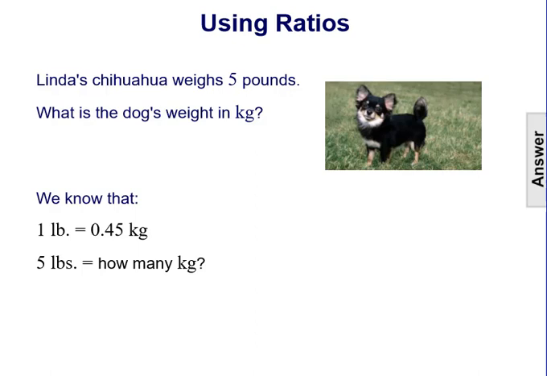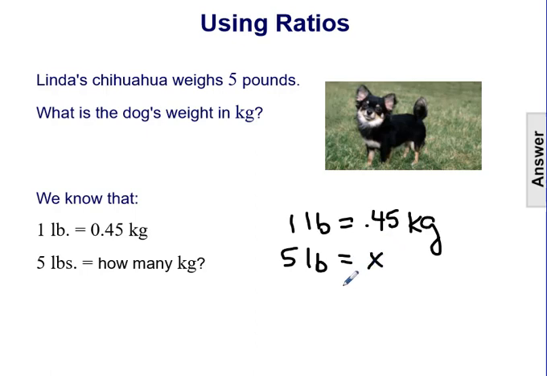We can answer questions like this as well. Linda's chihuahua weighs 5 pounds. What is the dog's weight in kilograms? We know that 1 pound equals 0.45 kilograms. More formally, as we go from question to question, we start to see the same pattern, where if 1 pound equals 0.45 kilograms, then 5 pounds is going to equal how many kilograms? When we don't know something, let's use a variable x.